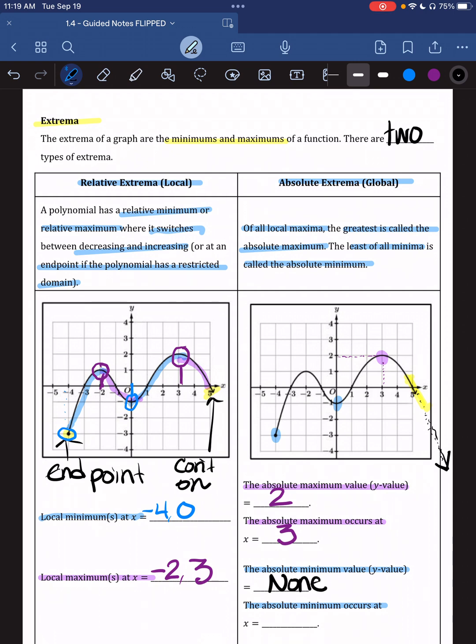Because the graph is continuing in that downward fashion, it's never going to reach an absolute minimum. If you notice on the right side of the graph, x is continuing to increase, and therefore y is continuing to decrease. Therefore, there would be no absolute minimum.